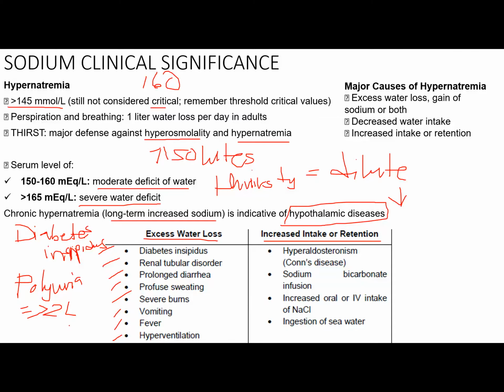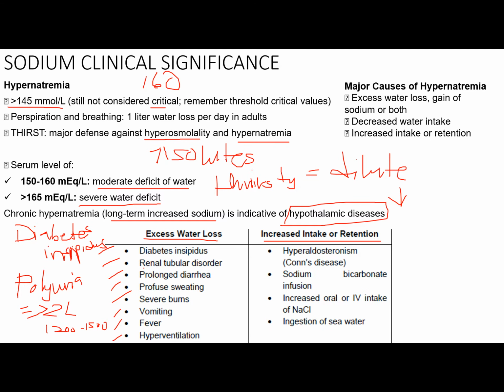So, ganun kadami per day class ang iniihi ng person. Instead of the normal 1,200 to 1,500, you would be suffering from increased urination. Pag increase ang urination mo, of course, you would also suffer from decreased hydration, causing your solutes to increase. Dadami yung solutes mo, dadami yung sodium mo, leading to hypernatremia.